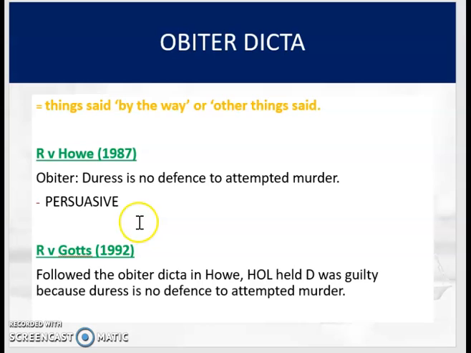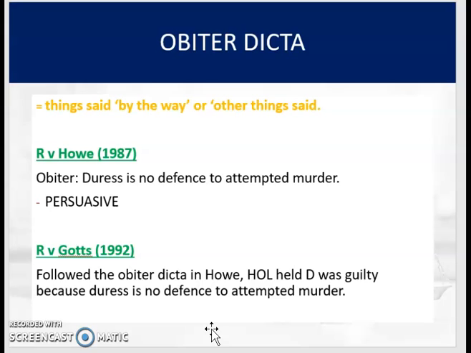It might persuade a future judge to follow it anyway. And that's precisely what happened in the case of Gotts. So in the case of Gotts, the court decided to follow the obiter dicta from the previous case of Howe, and they said that the defendant was guilty of an offence because duress is no defence to attempted murder.